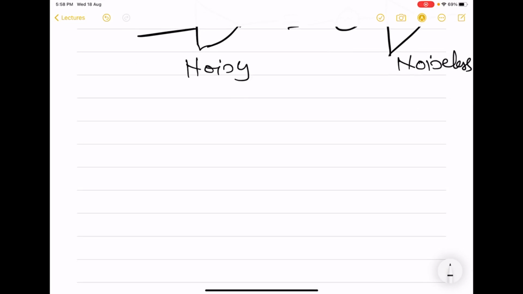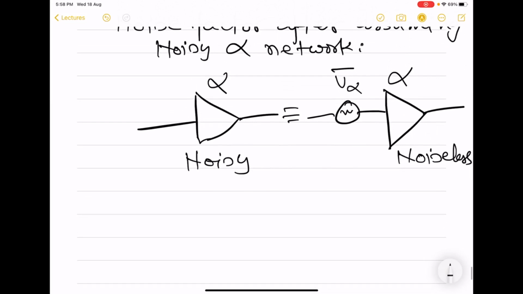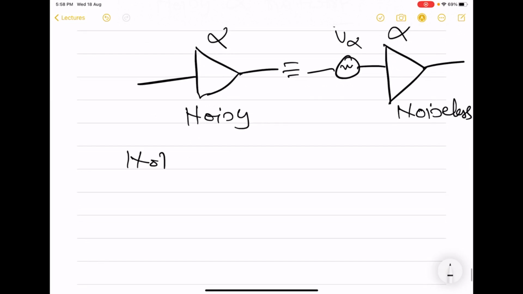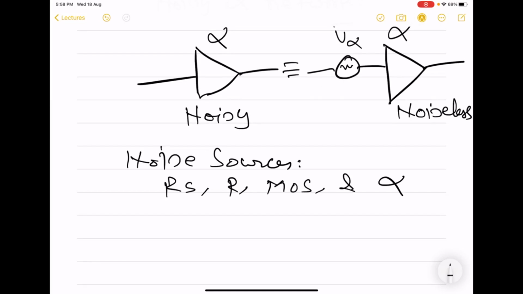So this is definitely not going to alter the input impedance of this new, modified circuit, but this will alter the noise factor. So now there are going to be four noise sources: RS, R1, MOS, and the alpha.